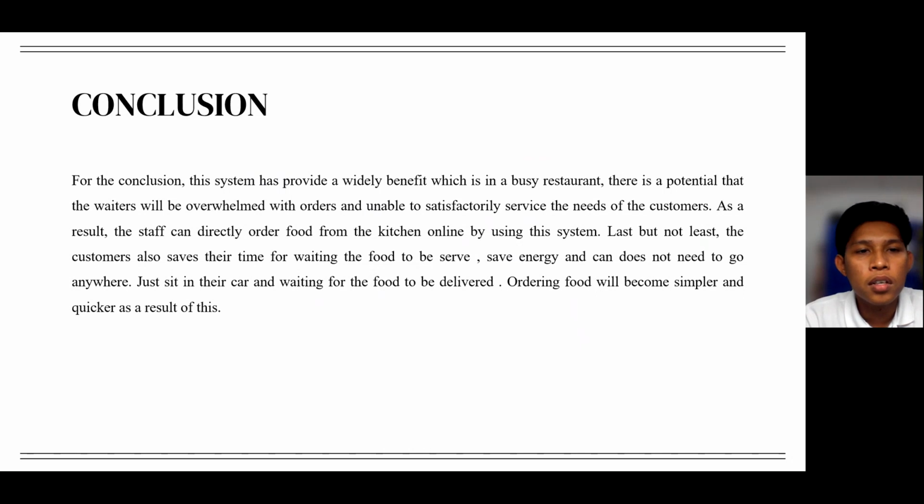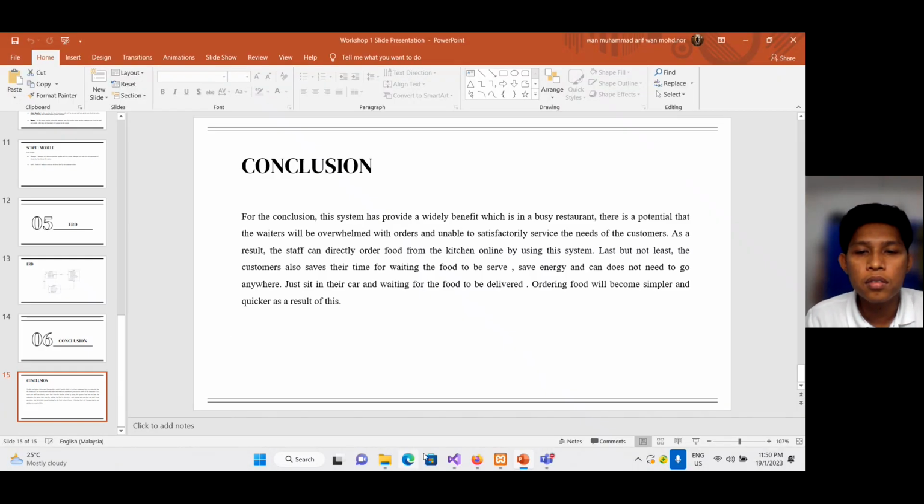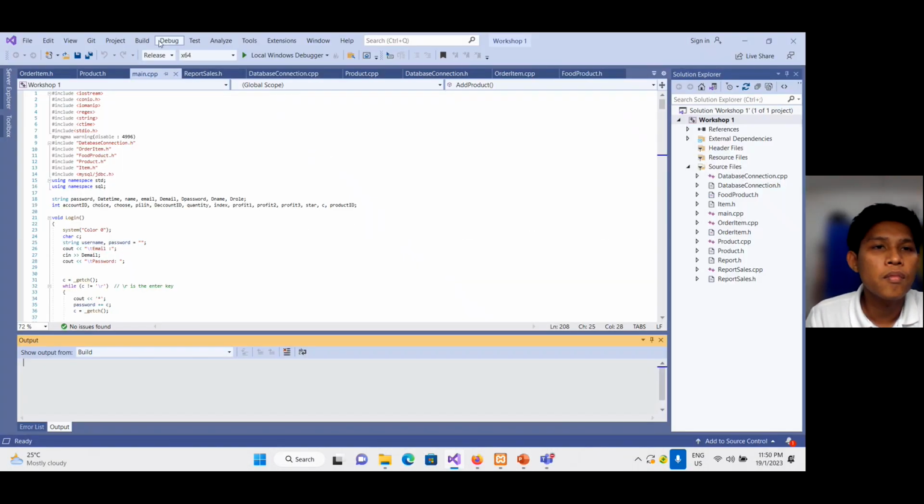Last but not least, the customer also saves time waiting for the food to be served, saves energy, and doesn't need to go anywhere. Just sit in their car and wait for the food to be delivered. Ordering food will become simpler and quicker as a result of this. Okay, for the next part, I will show you the demo of the system.